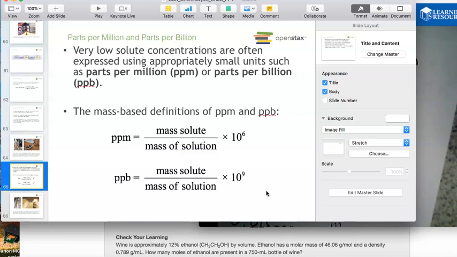A lot of data is gathered, and the government puts out certain criteria, for example, lead in the water can only be a certain parts per million or parts per billion value. And so you've probably heard of this variation of concentration before.